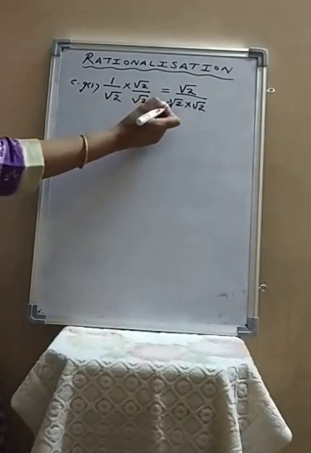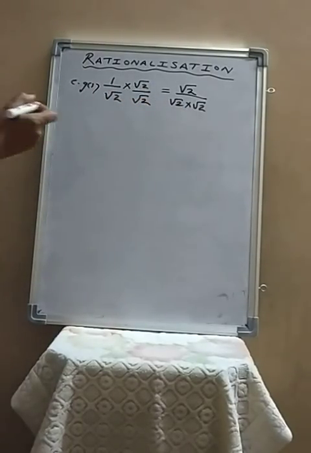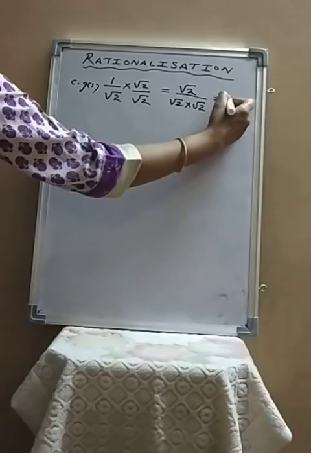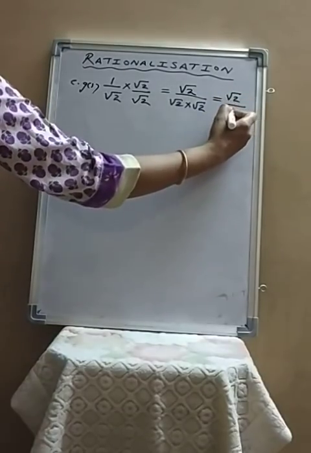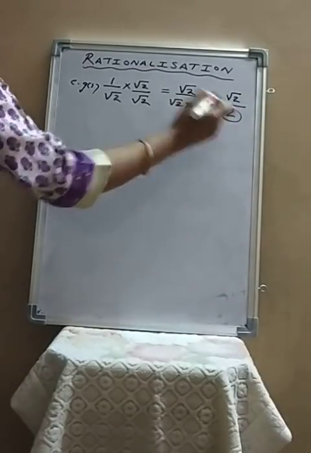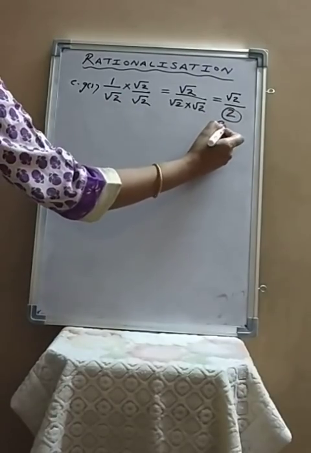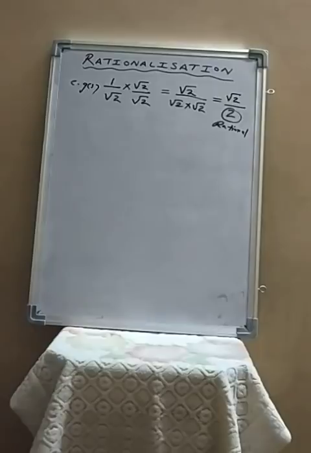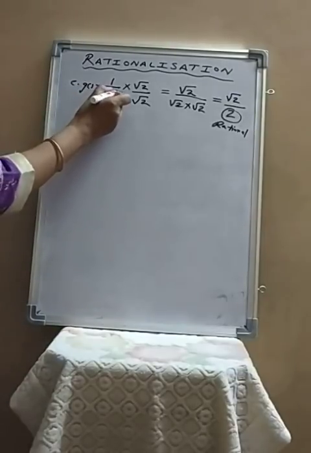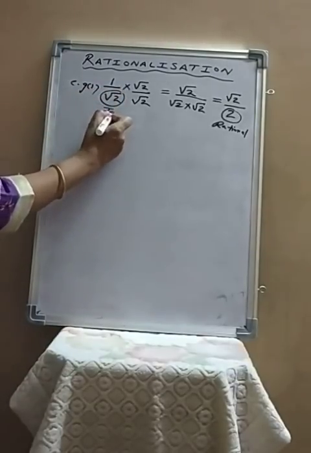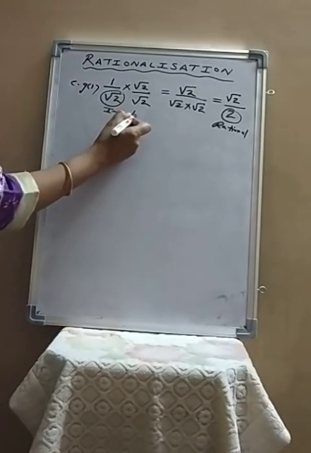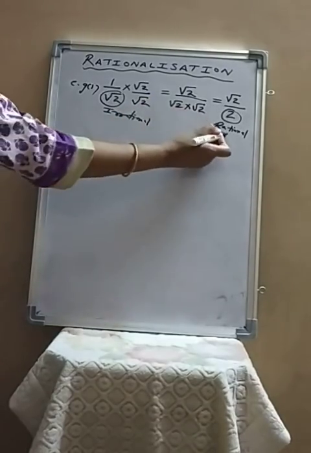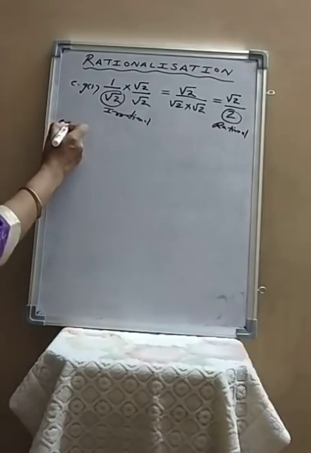And we know very well, root 2 into root 2 is 2. So this is root 2 upon 2. Now you can see that it's a rational number. So rationalization is a process or method by which the irrational denominator of an expression is converted into a rational one. Let us take one more example.